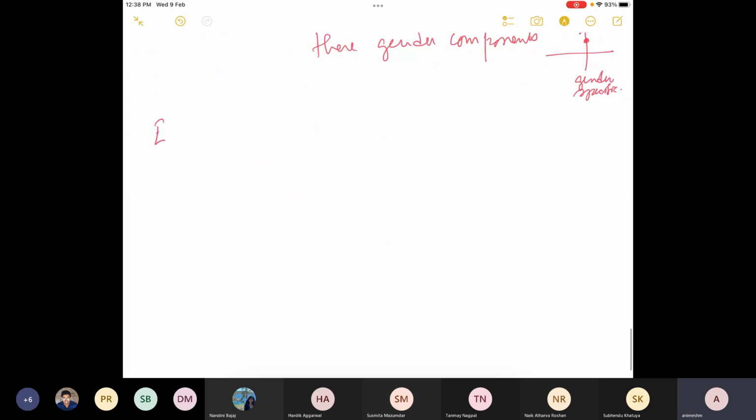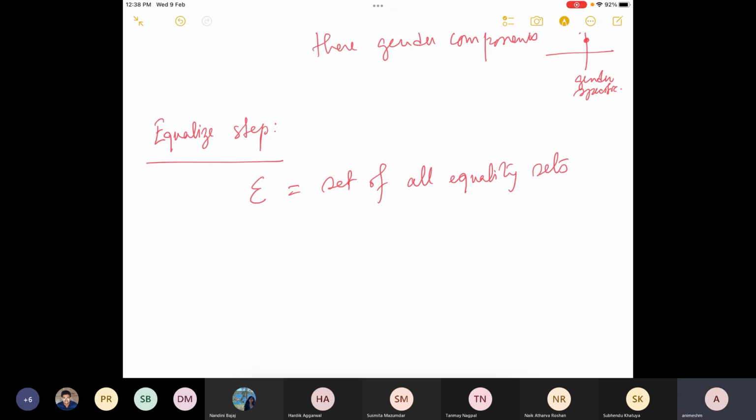Now the equalize step. This is a bit more tricky. Okay, so the equalize step actually works on the set of equalities or equality sets. Let's call them E. These are the set of all equality sets. Okay, and E belongs to capital epsilon.